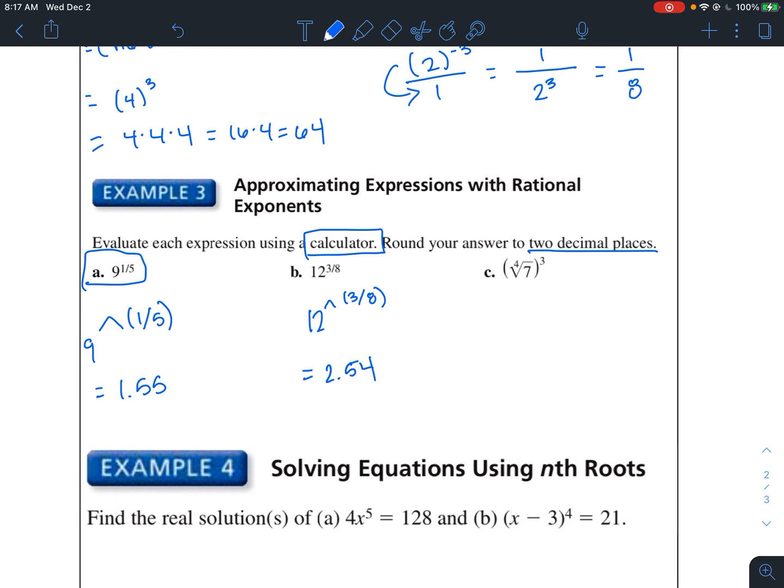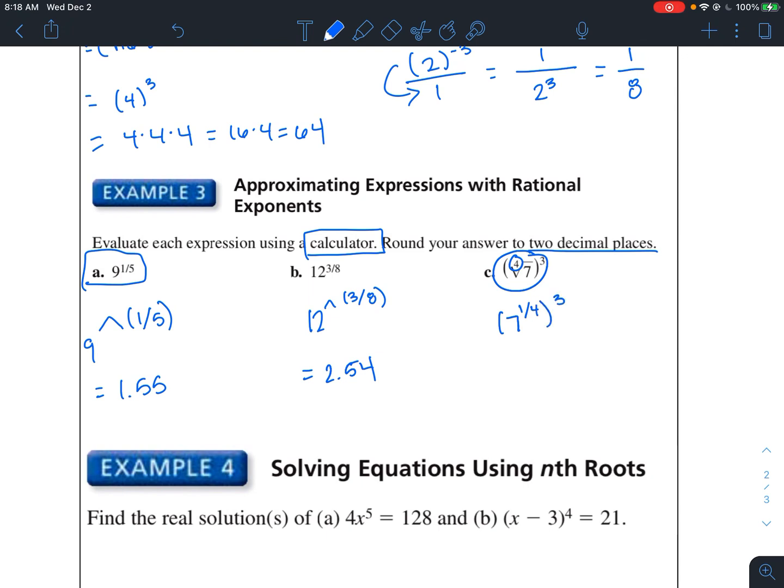Okay, now before we type in this one, there are a couple ways we can type this into the calculator. But let's convert this to a rational exponent. Since it's the nth root of 4, I can change this to be 7 to the 1 over 4, and that's being cubed.